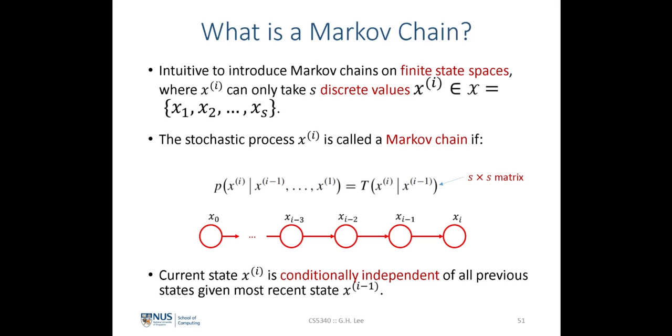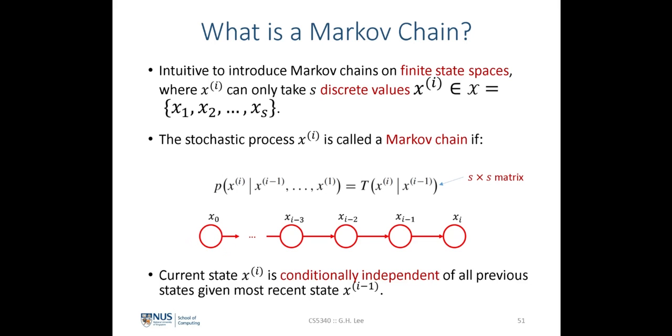Markov chain. And actually, the Markov chain, we have already seen it in the previous lecture where we talked about the hidden Markov model. And this is simply given by the graphical model as shown in this diagram over here. So this is a first order Markov chain.